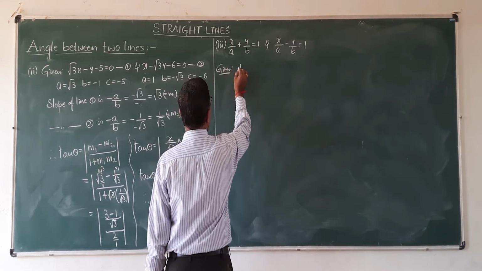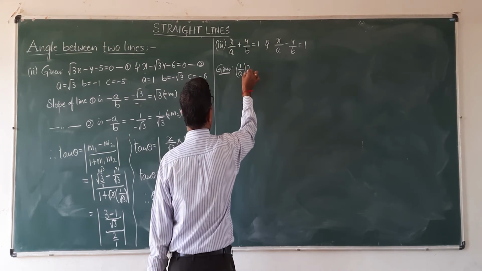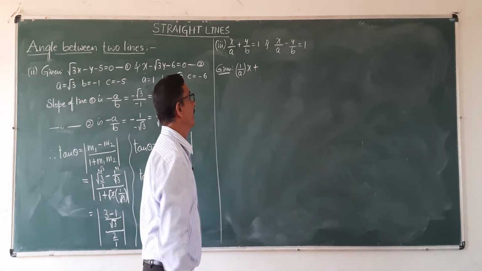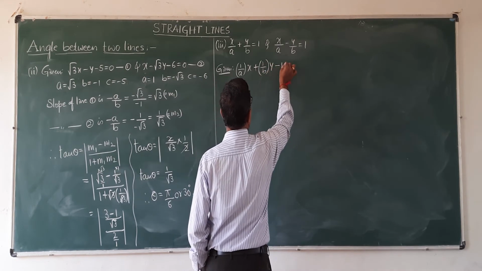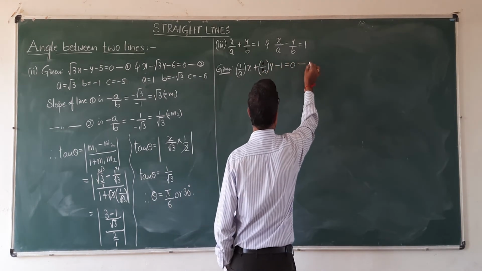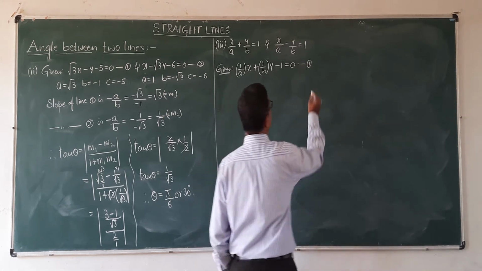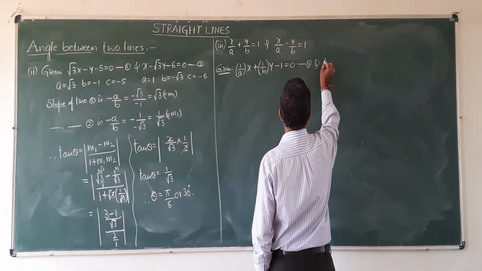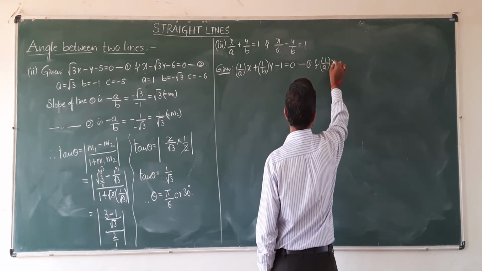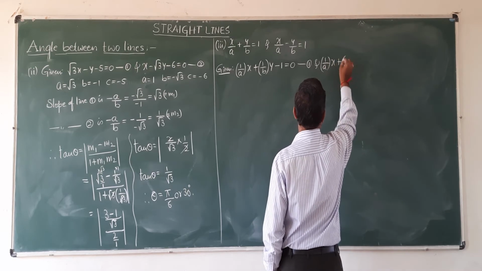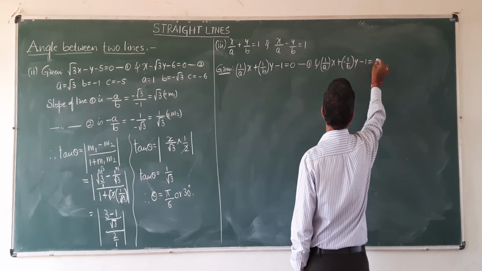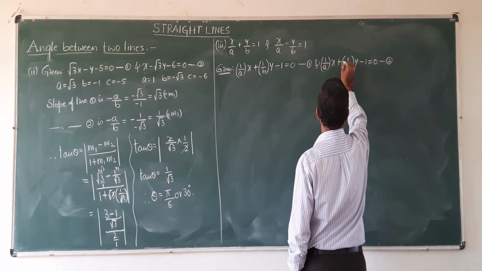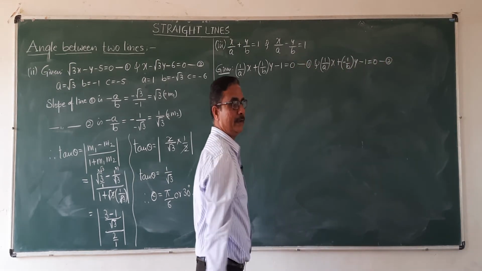x by a can be written as 1 by a into x. Here 1 by b into y minus 1 is equal to 0. First line. Then second line: x by a can be written as 1 by a into x plus minus 1 by b into y minus 1 is equal to 0, because plus into minus is minus, right?